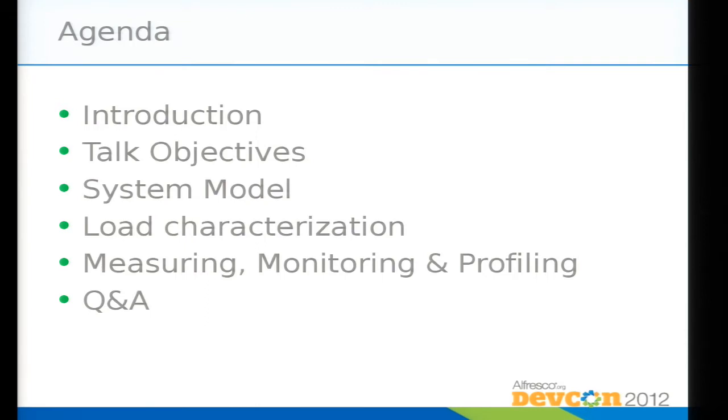And then we'll get to the core of the talk, which is what can we do when we have a possible problem against the test plan. So we'll talk about measuring, monitoring, profiling, tooling, and some real customer cases. And if we have the time, we can do maybe some interactive diagnosis of the problem that we are going to talk about. And then at the end, we will have a Q&A session.